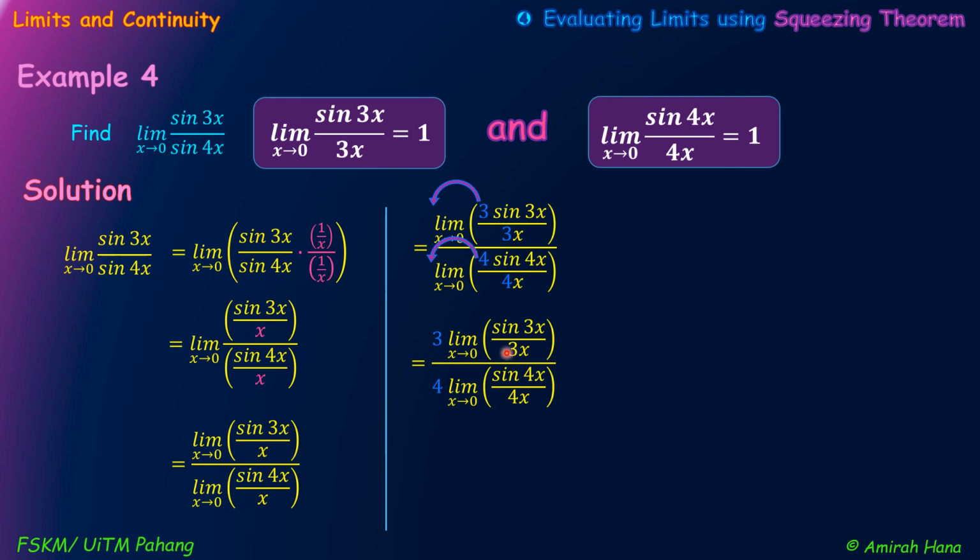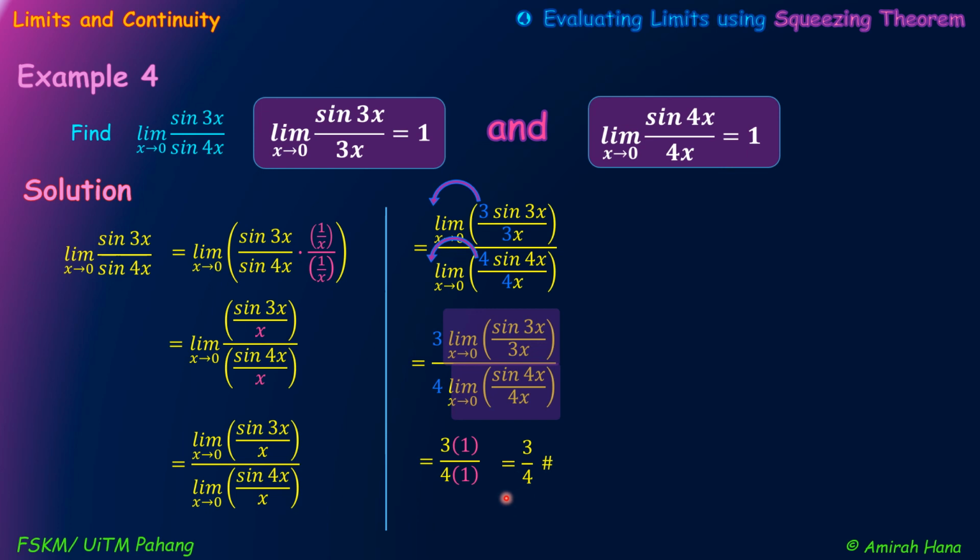Now the denominators exactly equal the argument of sine, so we can use this theorem: the limit of sine 3x over 3x equals 1 and the limit of sine 4x over 4x equals 1. Then we write 3 times 1 over 4 times 1, and simplifying, we get 3 over 4. This is the final answer.